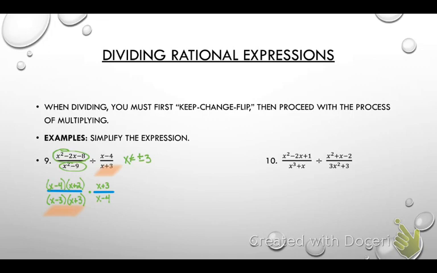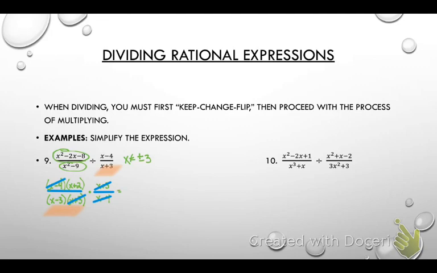From here, all it is a multiplication problem. What can I simplify, or what can I reduce or get rid of that I have on the top and I have on the bottom? X minus 4, x minus 4, x plus 3, x plus 3.